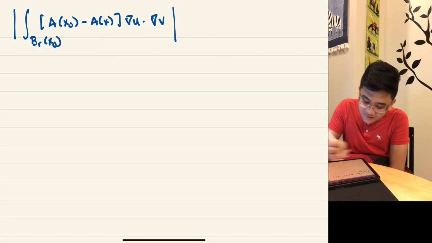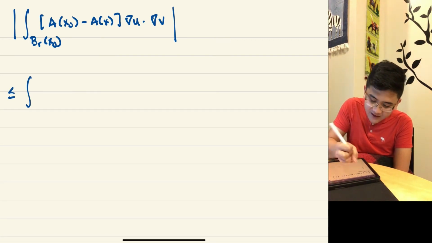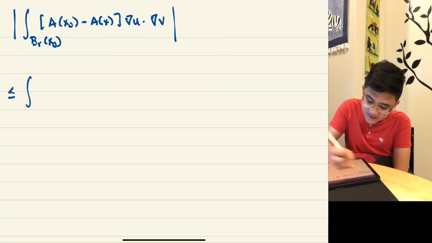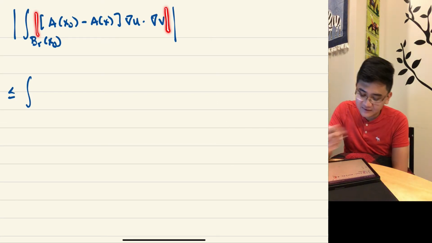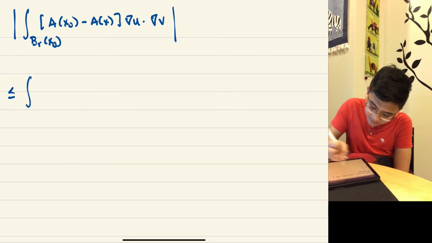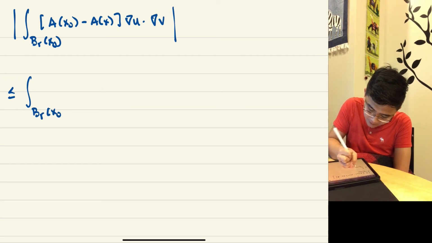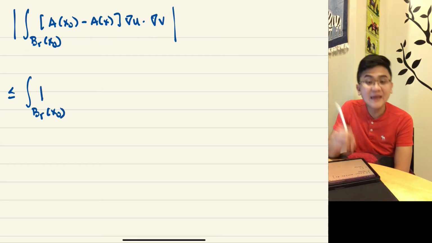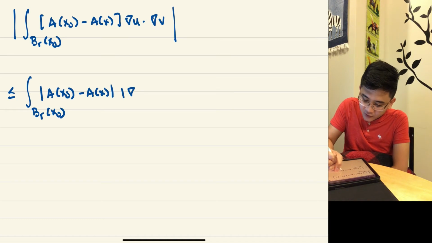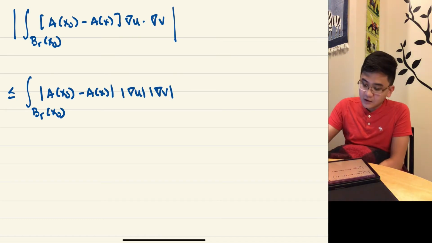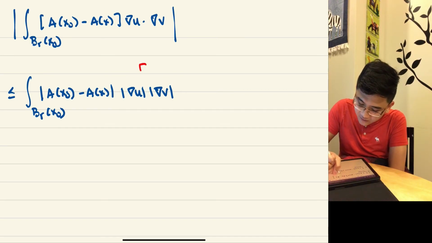So this is less than or equal to, put the absolute value inside, and the absolute value of this is less than or equal to some matrix norm of this times the norm of that. What did I use here?